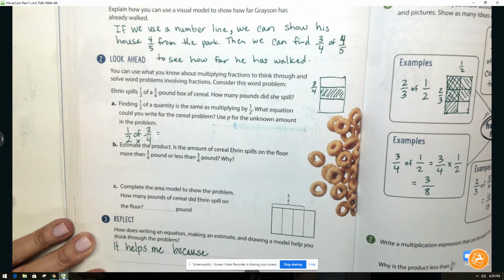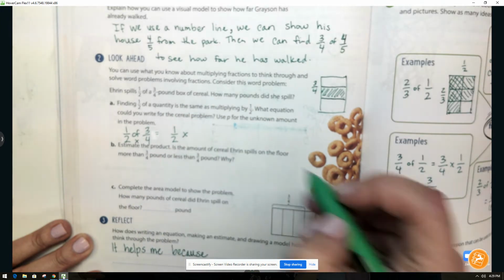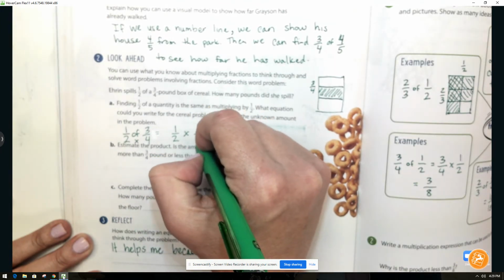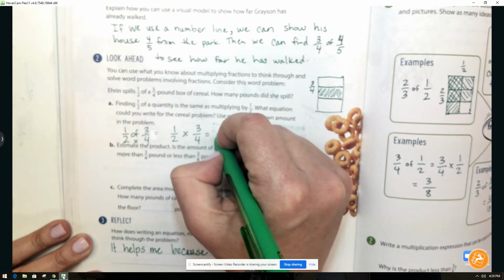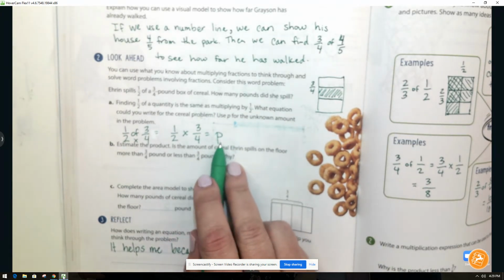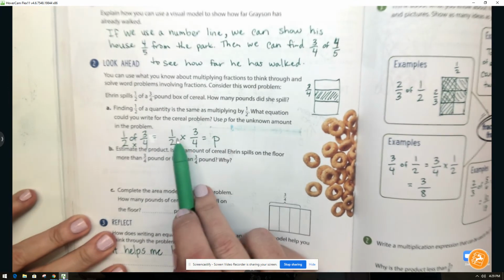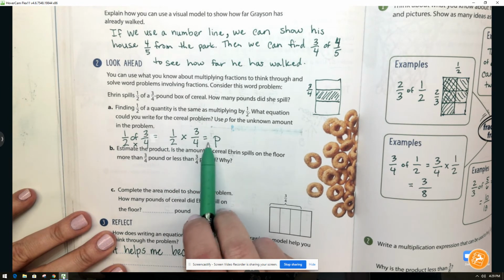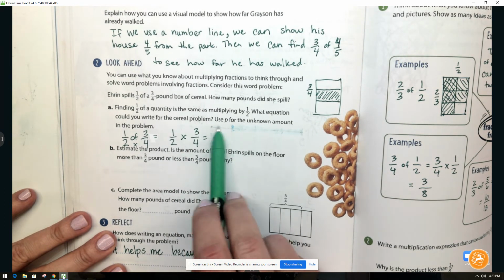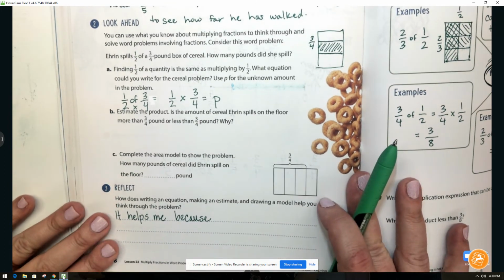We can multiply. So we want to know what is half of 3/4, and then the answer is P. That's our product. That is the amount that she actually spilled. So if we know both factors, we just don't know the total amount or the total product. So the P is our unknown amount.